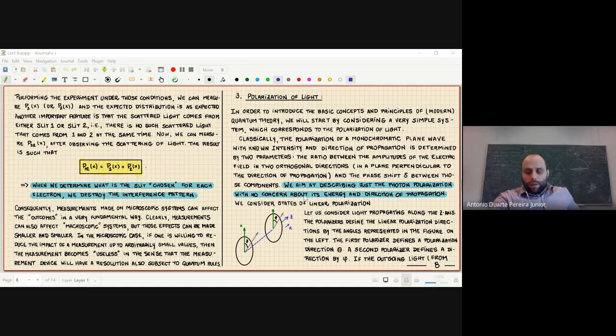Because light, as described by Maxwell, is a wave made of electric and magnetic fields that are oscillating in time. So there will be one component of the electric field that will oscillate, and another component that will oscillate with some phase shift with respect to the other component. And this is the information that you need.